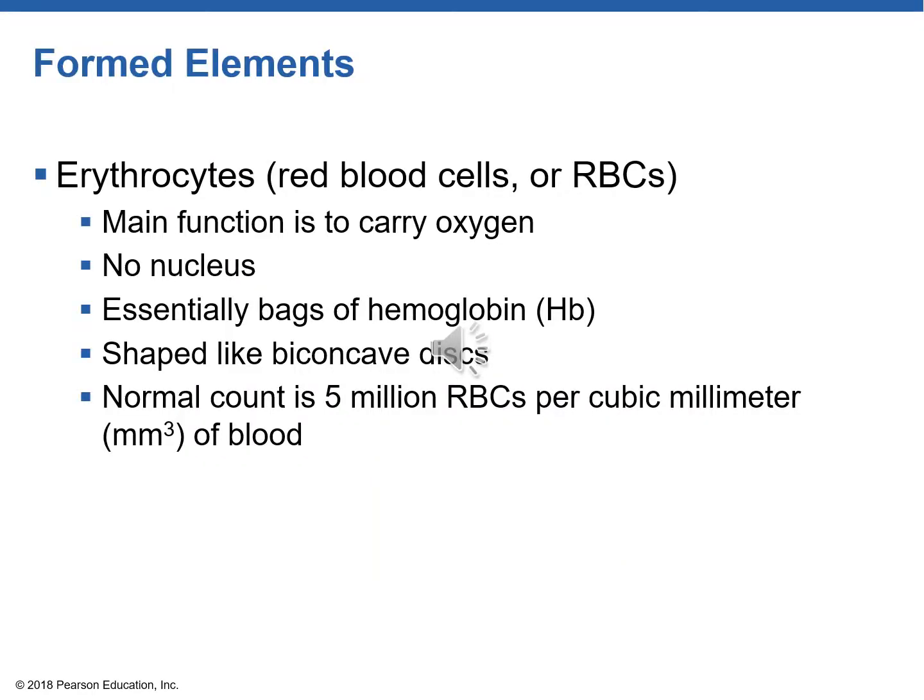Very important to remember that erythrocytes are also known as red blood cells and that they're basically bags of hemoglobin. They have no nucleus, so that makes them unable to divide and reproduce. They have a life of about 120 days. And they have a very important role in carrying oxygen. So if you have low red blood cells, you have poor oxygen carrying capacity.